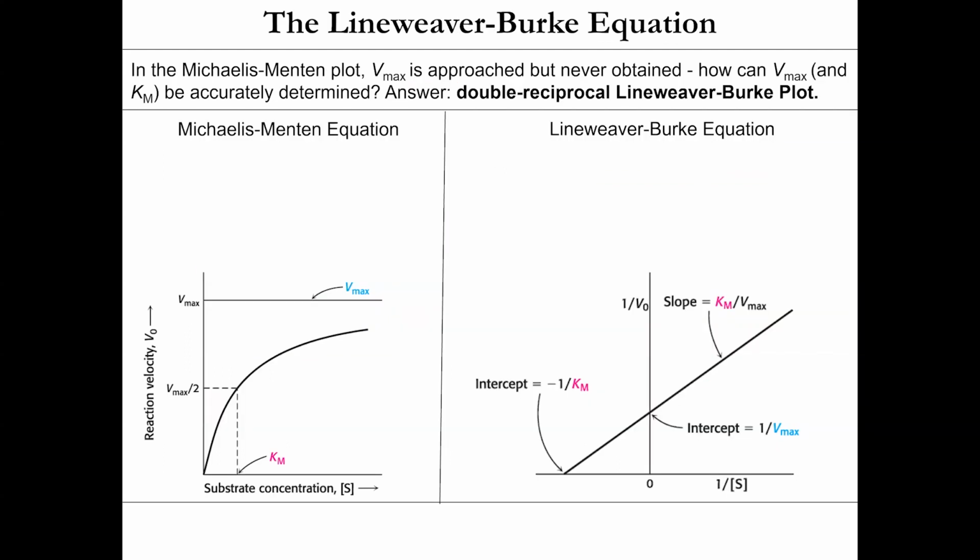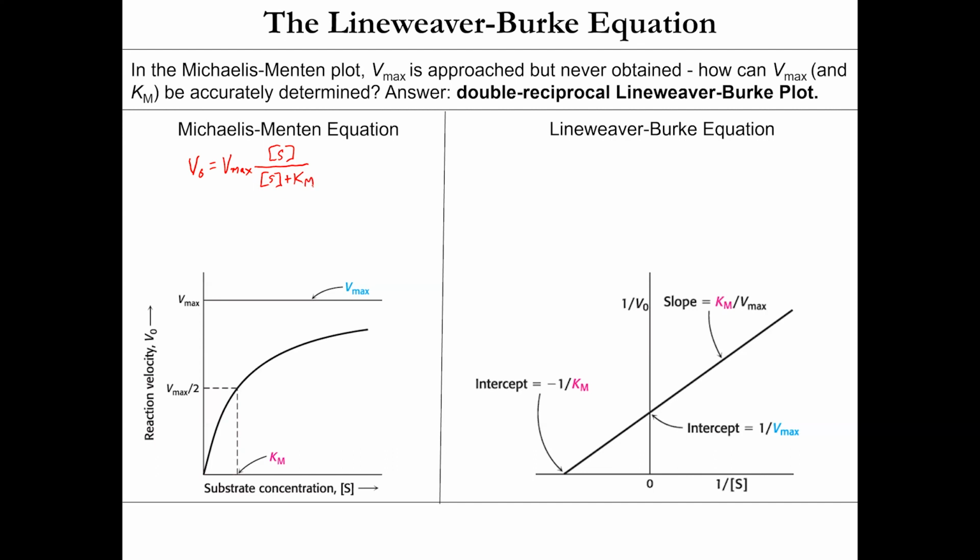So now we're going to talk about the Lineweaver-Burke equation, which fixes some of the limitations of plotting out the Michaelis-Menten equation. With the Michaelis-Menten equation, which you'll remember is V0, the initial velocity, equals Vmax times the substrate concentration over the substrate concentration plus Km.